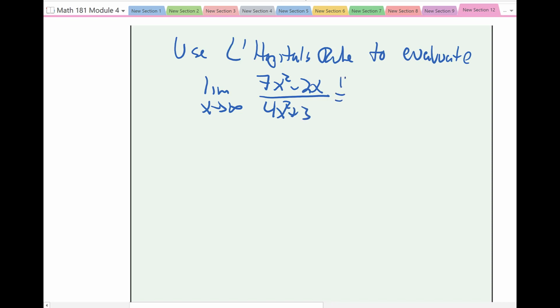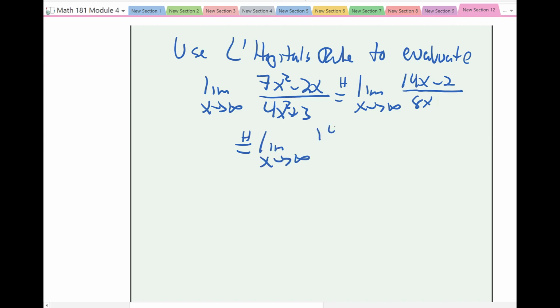And so if we apply L'Hopital's rule once, we'll have the limit as x approaches infinity of 14x minus 2 over 8x. And then we could apply it again, because we still would have the infinity over infinity case.